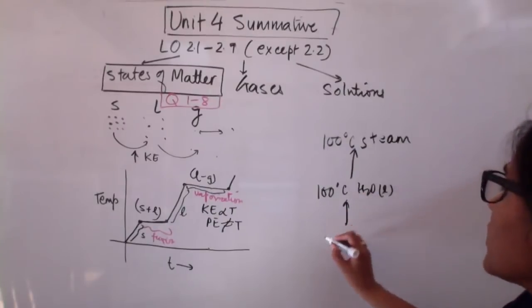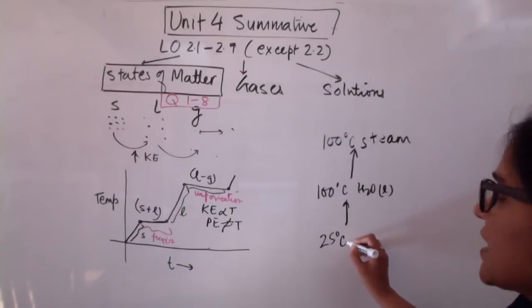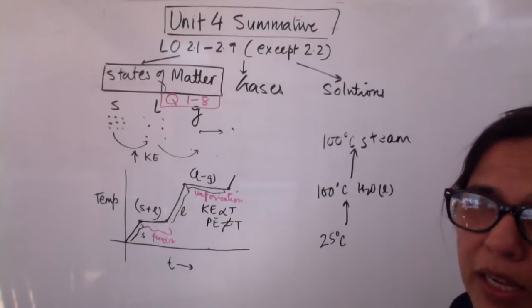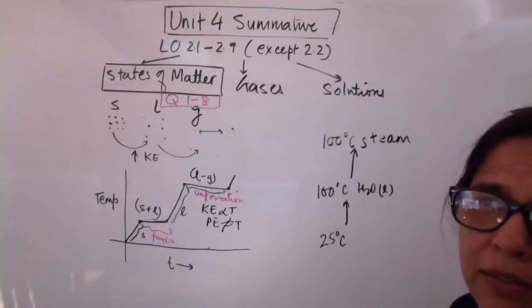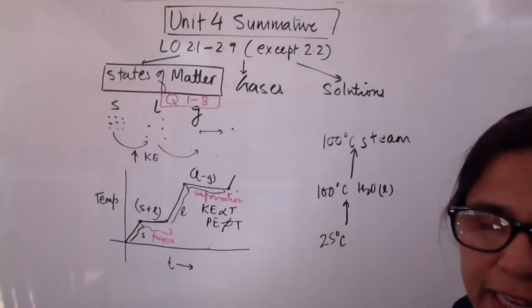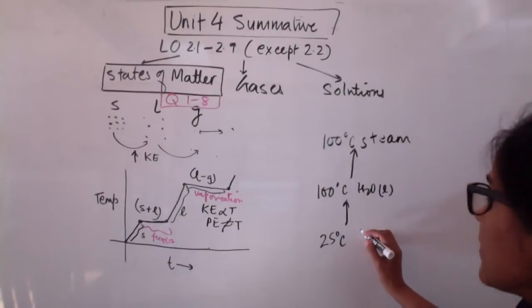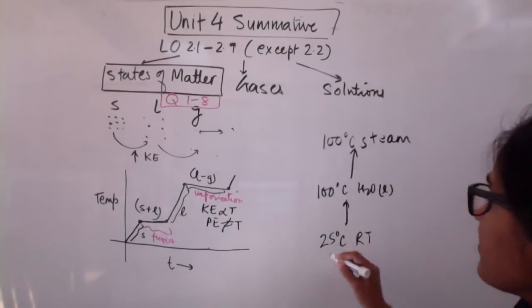And let's say our water is at 25 degrees Celsius, which is room temperature. Our body temperature is about 98.6 Fahrenheit. So whatever, let's say it is at 25 degrees, that is the room temperature.